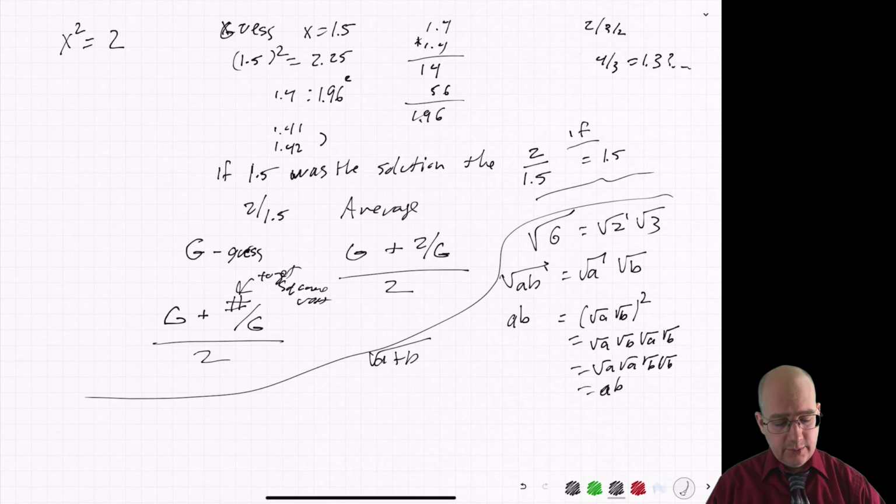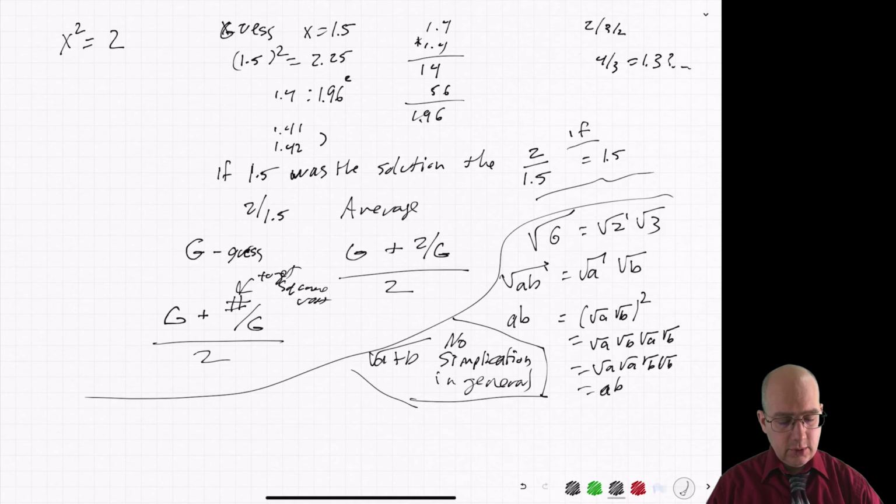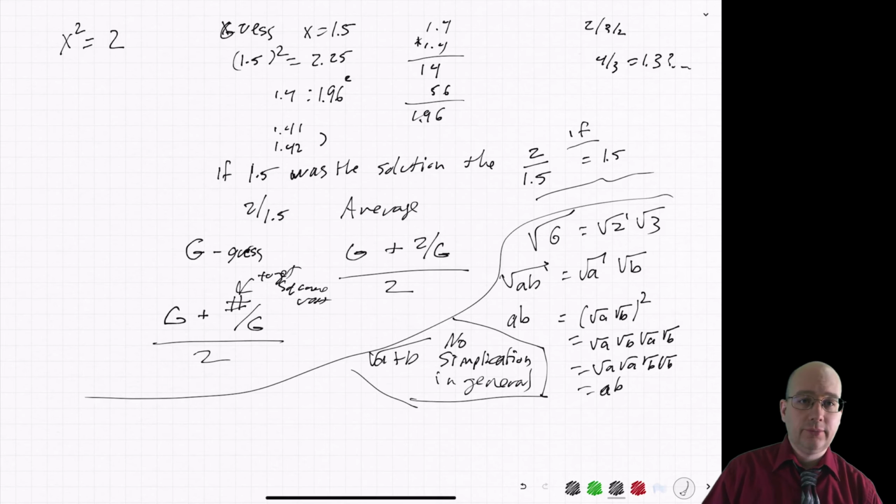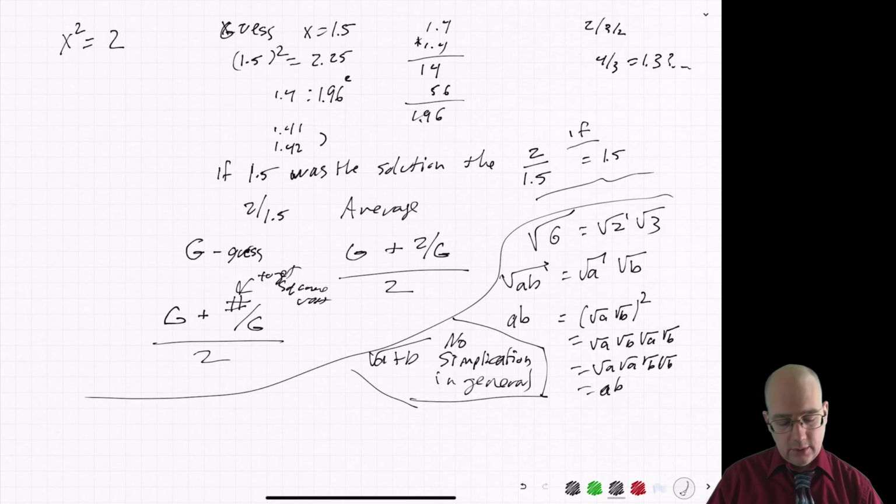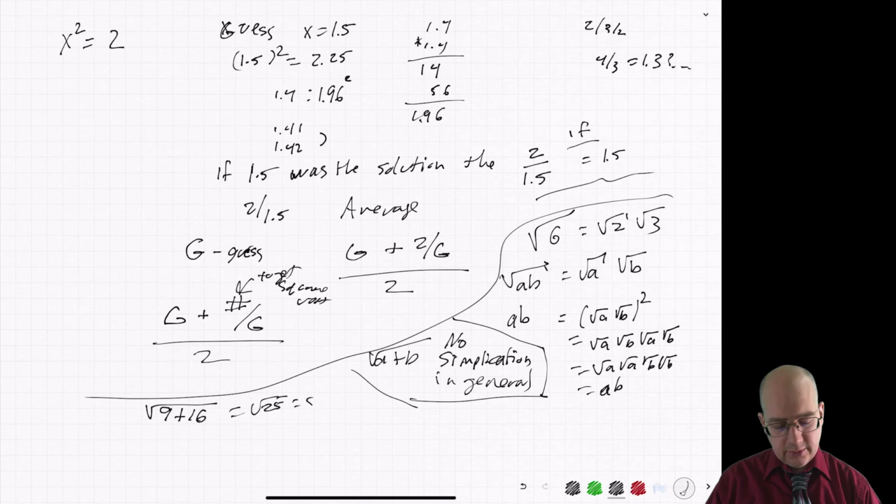Square root of A plus B, no simplification in general. A canonical example for this is square root of 9 plus 16, which is the square root of 25, which is equal to 5.